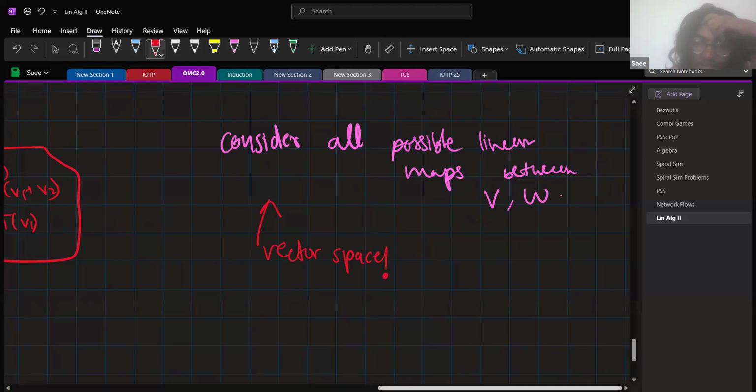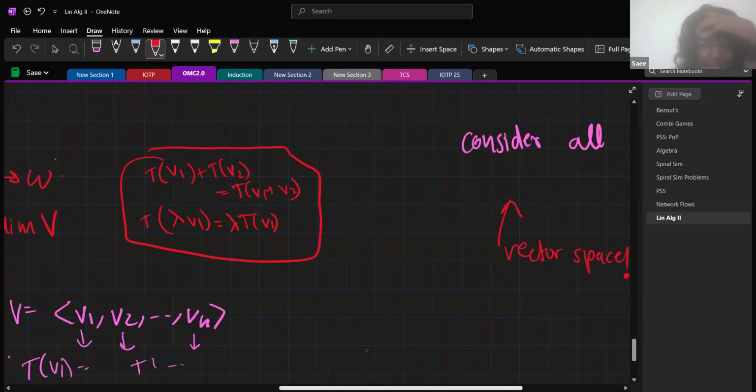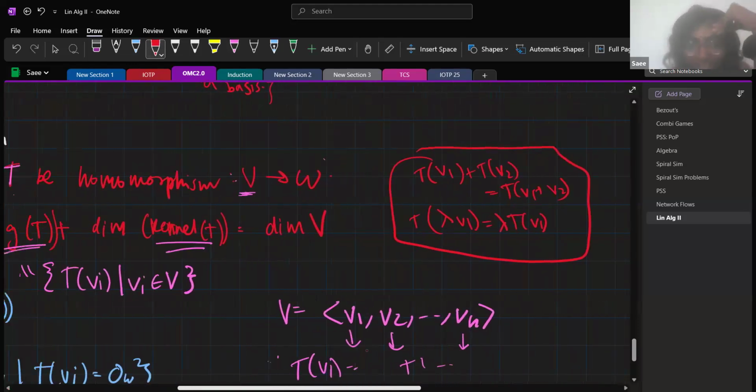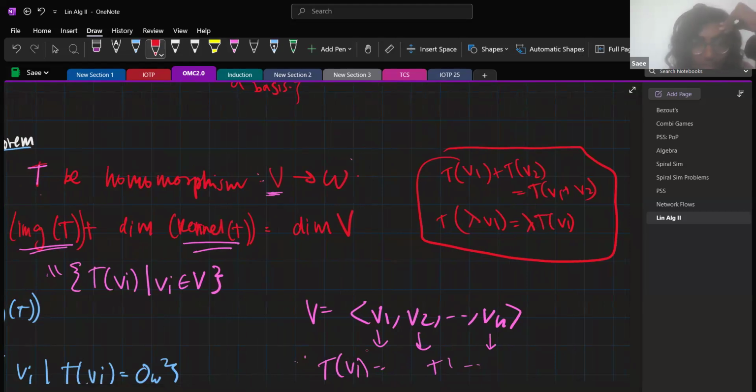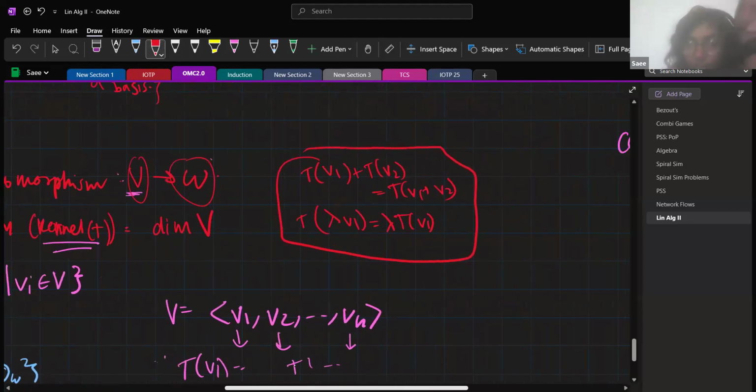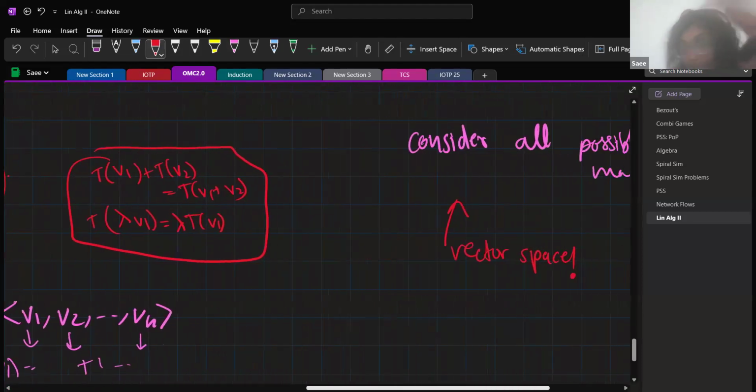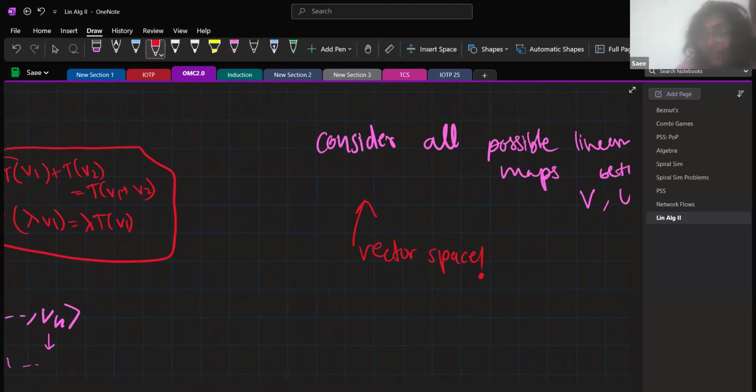Maybe take a second to appreciate this. When I first saw this, I was very happy, because you have two vector spaces V and W, you're considering the set of all linear maps between them, and the set of these functions is itself a vector space.